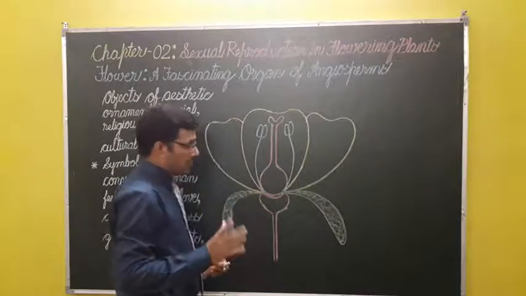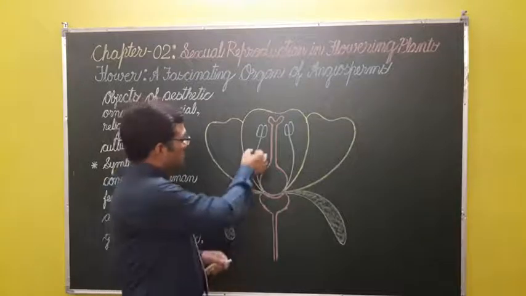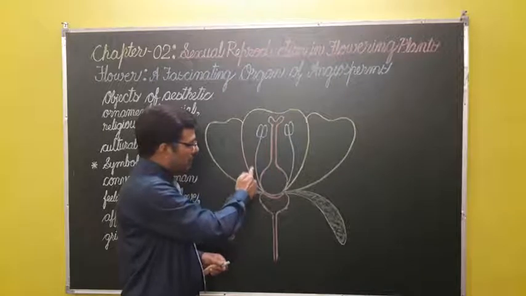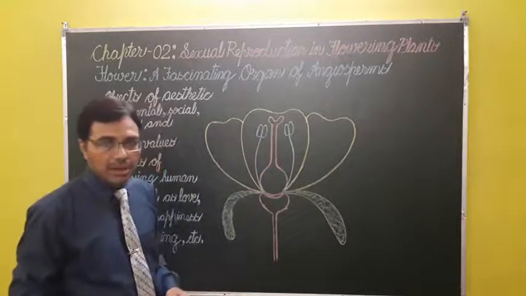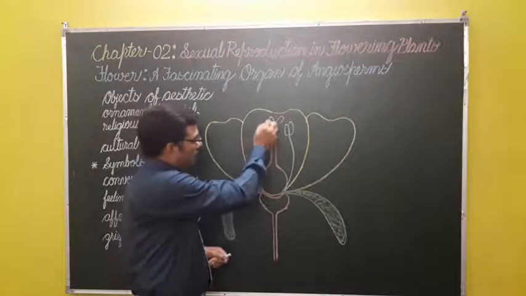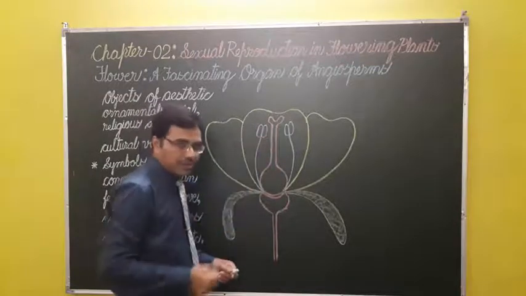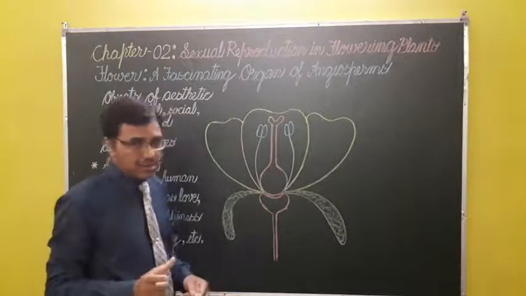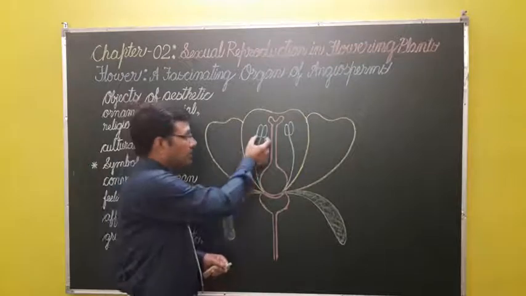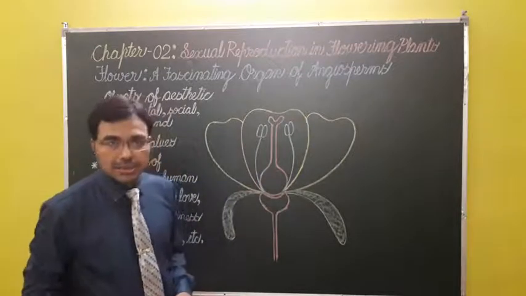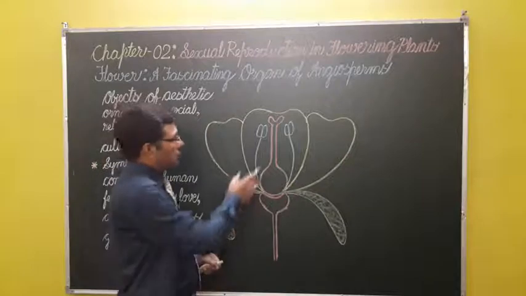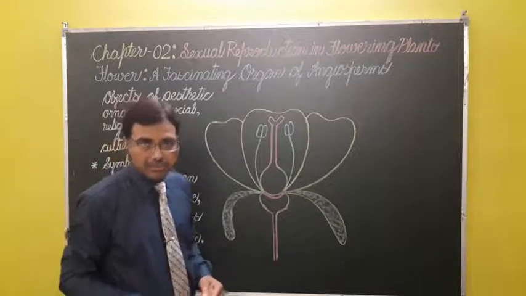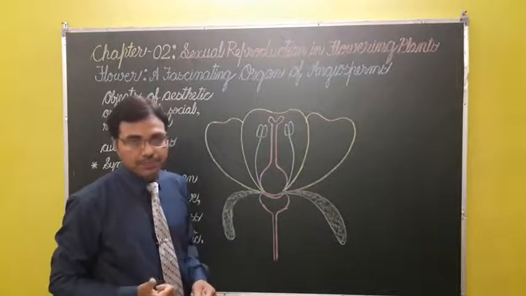In this stamen, what you are observing is a slender stalk-like structure. This is called filament. And at the top, a bilobed structure, that is called anther. And this is the very site where there is the formation of the gametes, right? So this stamen, collectively androecium, becomes the essential whorl of a flower.